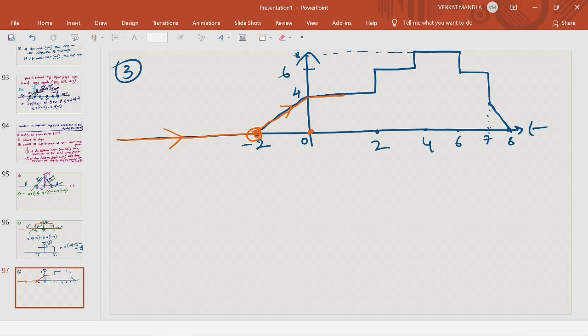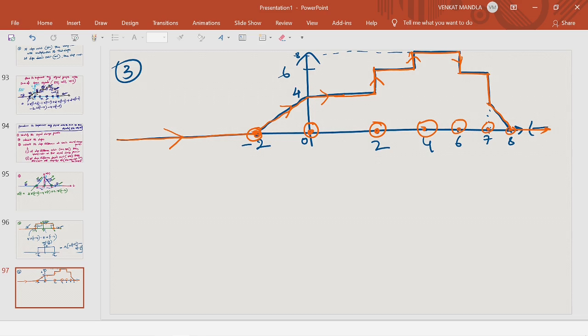So this is a signal change point, and t equal to 2 is also a signal change point, changed to 6, then constant, and then changed at t equal to 4, signal change point, constant, then changed to 6, constant, then changed to 4, and then here also changed to 0.